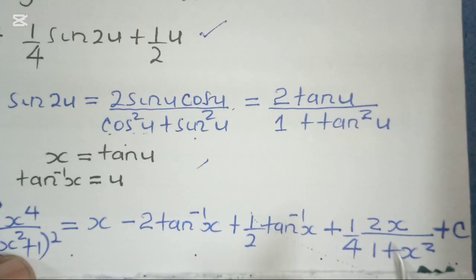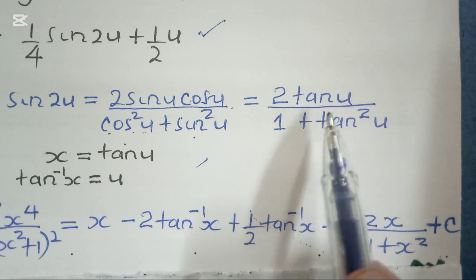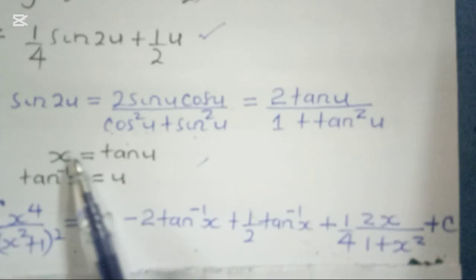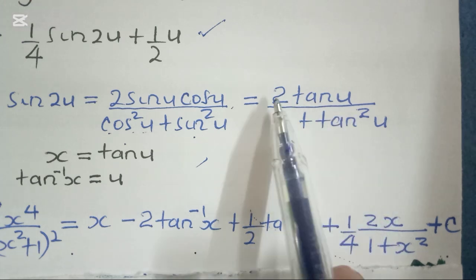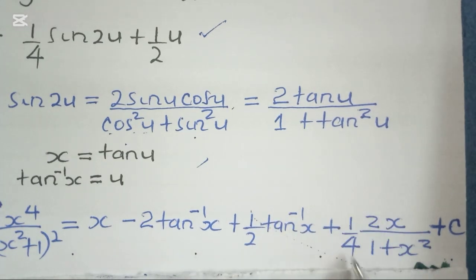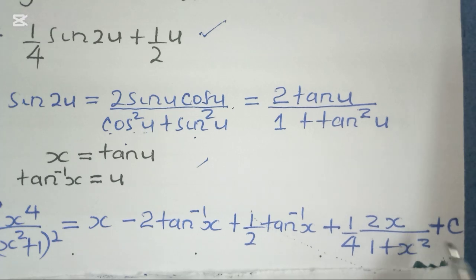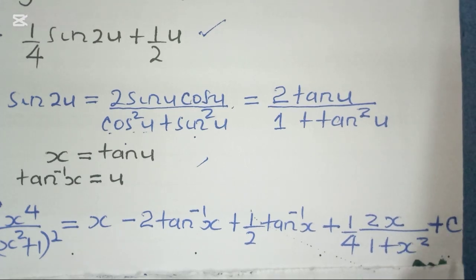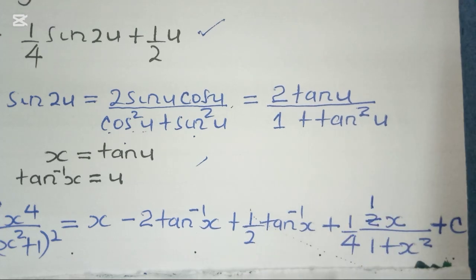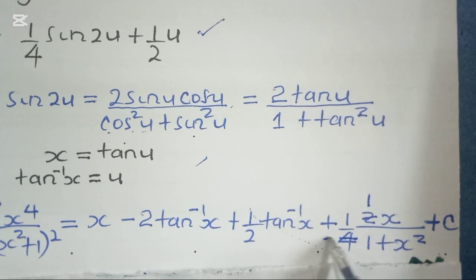Coming to this other term, we have 2 tan u, and u we know is x as shown here. So we shall have 2x over 1 plus x squared, and then plus c. We can even cancel this one, so we have 1 there, and here we have 2.